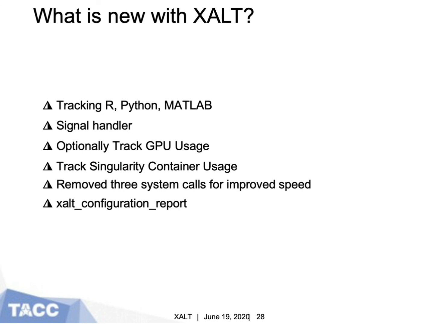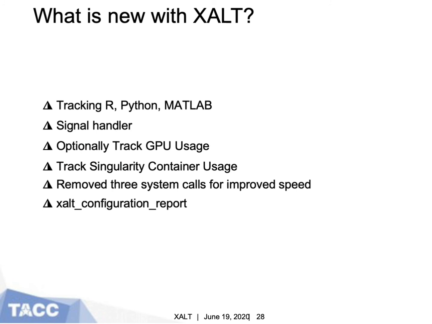So let's talk about some of the cool things that are part of XALT. I've mentioned this before, but I'll mention it again. We can now track packages. We can know what R packages, what Python packages, and what MATLAB packages. There's a signal handler which allows us to possibly accept more jobs. We've got optional GPU tracking with containers.